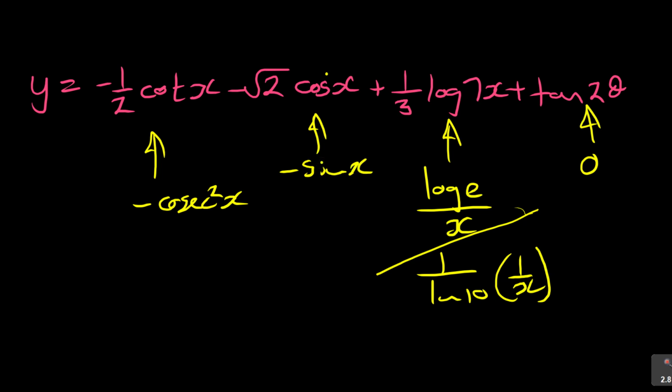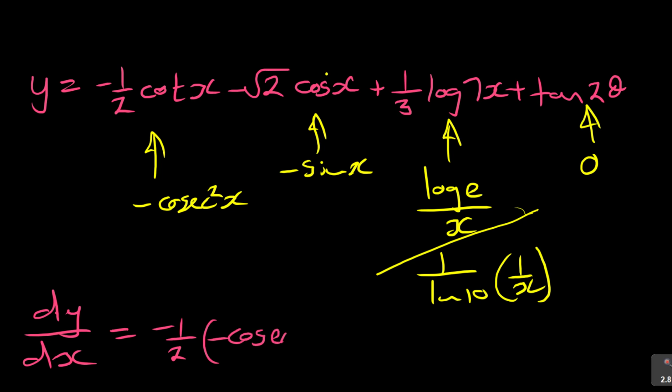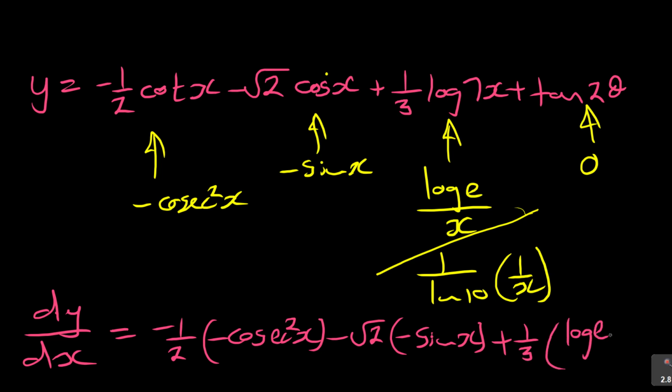So if I now apply the rules, dy over dx is equal to minus 1 over 2, negative cosec squared x, minus square root of 2 bracket negative sine x, plus 1 over 3 bracket, let's use the top one, it is also fine, log e over x.